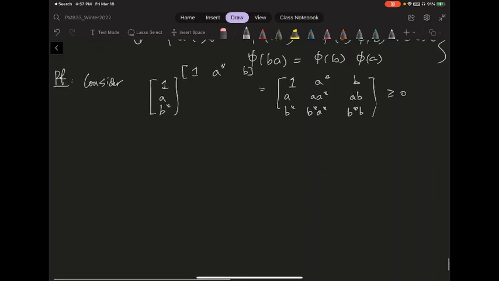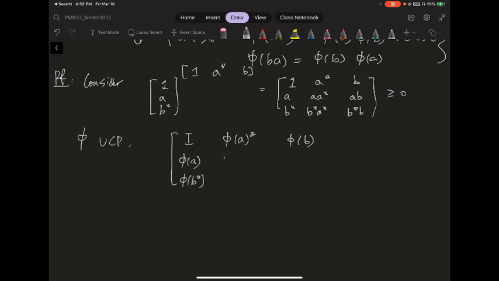All right. So because my phi is a UCP map, when I apply phi to each entry, I get something that's still positive, and in particular because it's unital, it will map the upper left corner to the identity, and then I have a phi(A), I can put the star outside, and I have phi(B), I have a phi(A) here, and a phi(B star) here, and then I have a phi(A star).